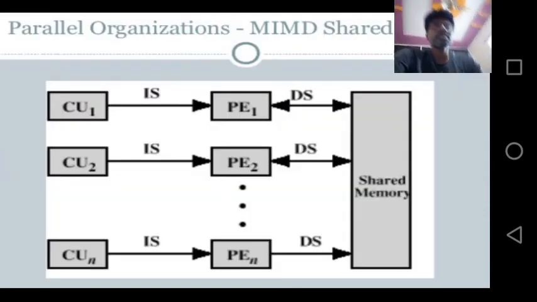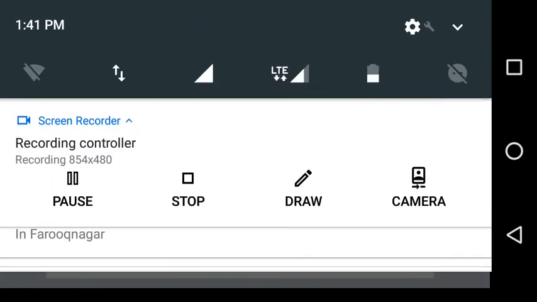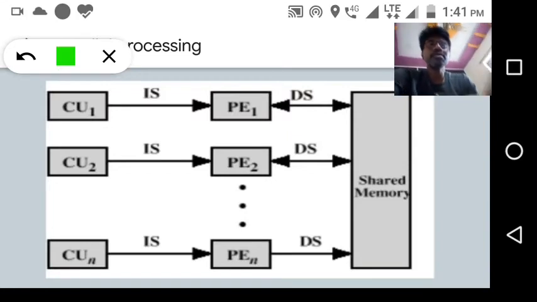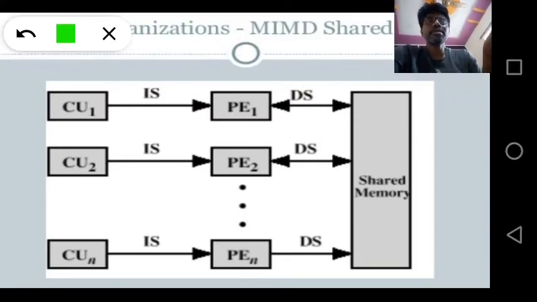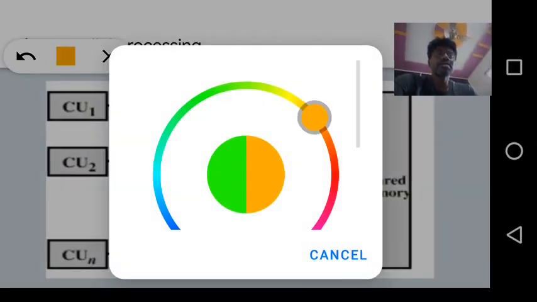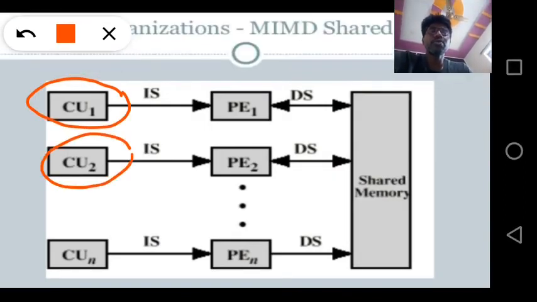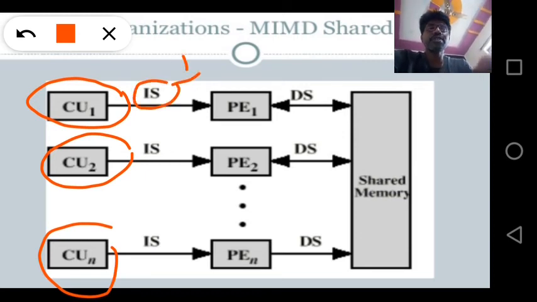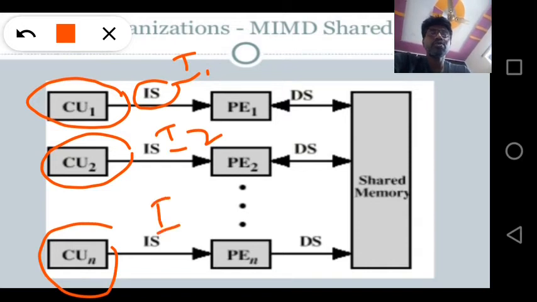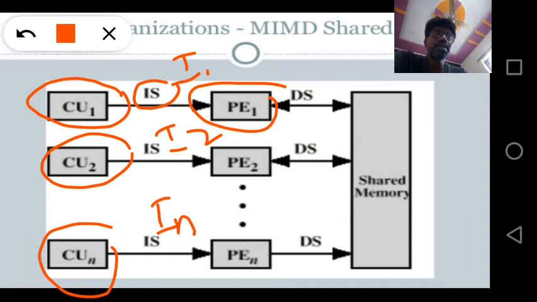We'll see the example here. So what is happening? I have a number of control units: control unit 1, 2, up to control unit n. Each sends a different instruction: instruction 1, instruction 2, up to instruction n, and there are multiple processing elements E1, E2, and so on.